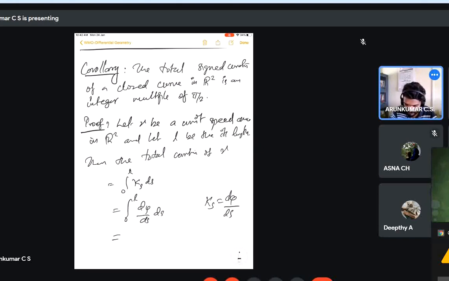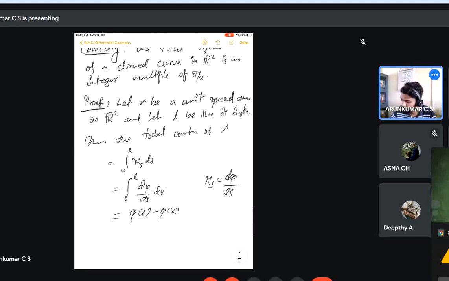So it will be phi of L minus phi of 0, like fundamental theorem of calculus. Okay, and what is this phi? This phi is the turning angle for gamma.